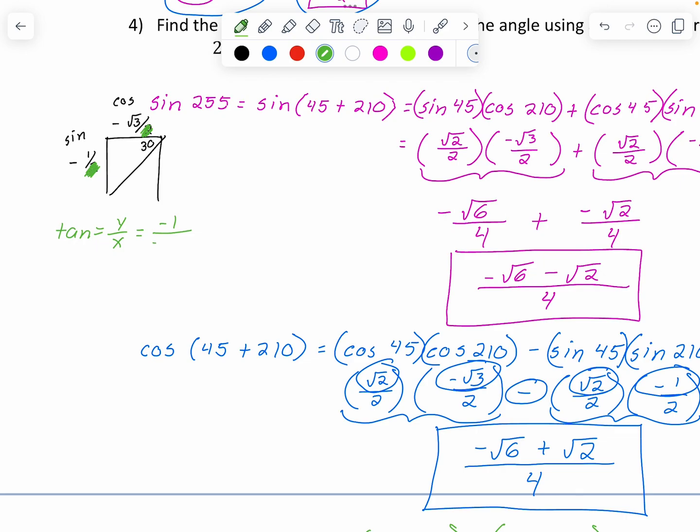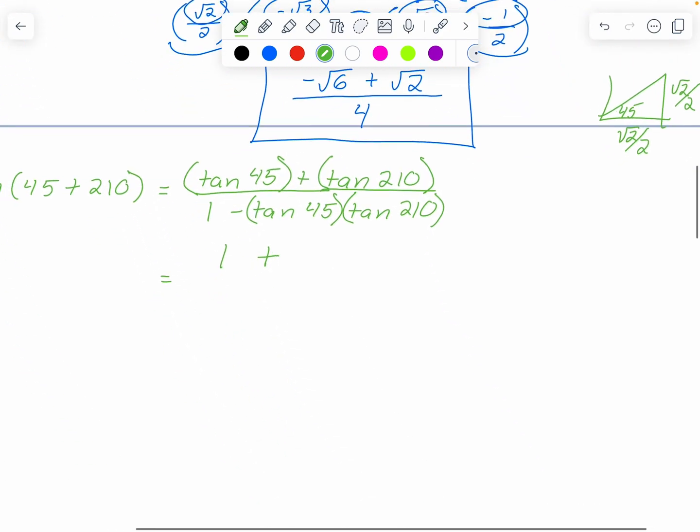My x value is negative square root of 3. So first thing I notice is a negative over a negative is going to be positive, so those are going to cancel. And then I also notice that I have a radical on the bottom, therefore I'm going to have to rationalize this. So it will become a positive square root of 3 over 3. So anywhere I see tangent 210, I'm going to put square root of 3 over 3.